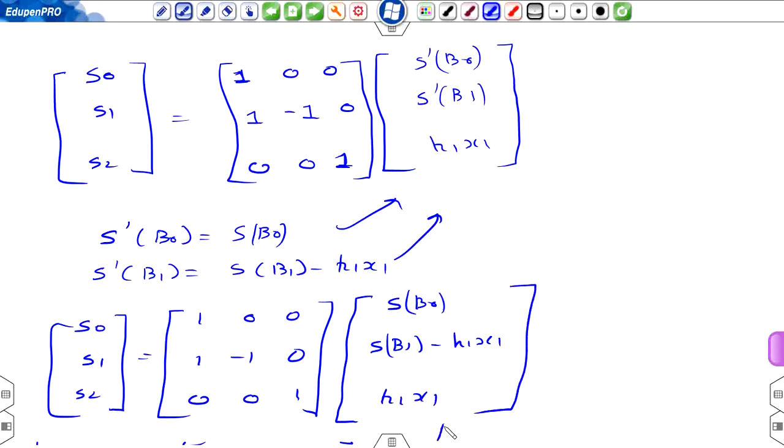This matrix can be decomposed into two different matrices. One matrix will contain the elements S of beta 0, S of beta 1 and H1 x1, and the second matrix will contain the corresponding constant coefficients.